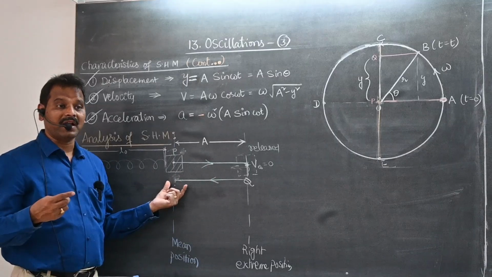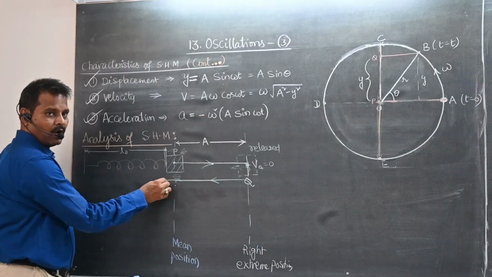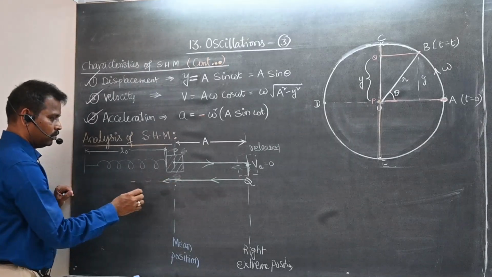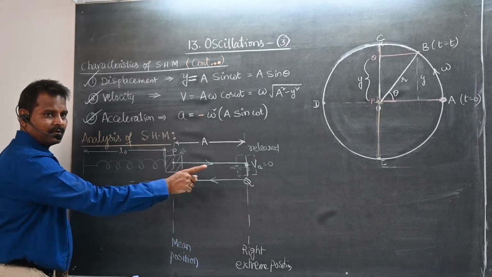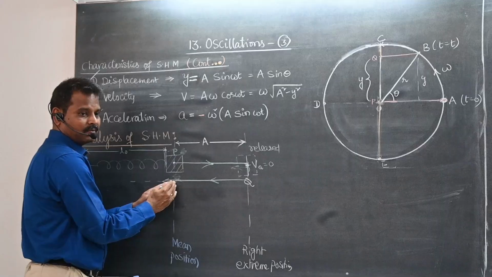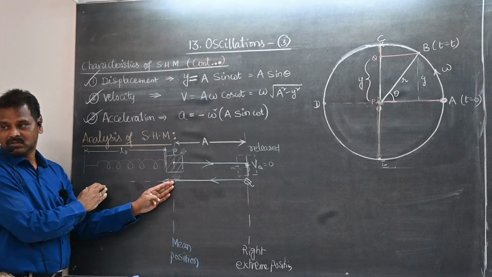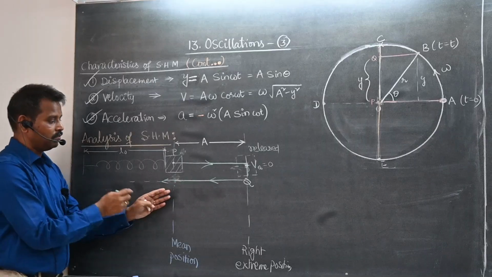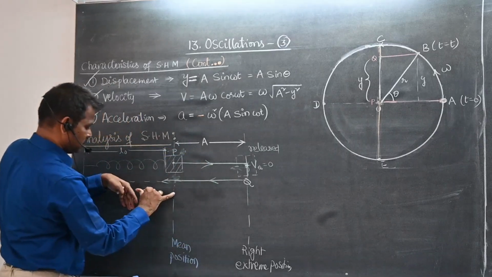Due to this kinetic energy, it overshoots this point and moves on the other side of the mean position by the same distance, because here velocity is 0, here velocity is maximum. Then once again velocity will become 0 after traveling the same distance. Now let the distance here be this much.